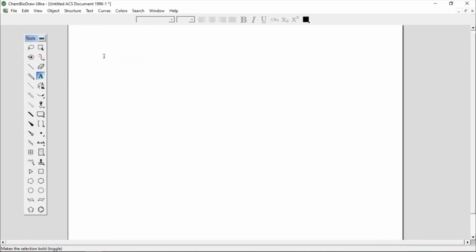This is one of the software, and the name of the software is ChemBio Ultra Draw. By using this software we can draw the structure of organic compounds. So I am drawing the structure, and you have to tell me whether that molecule is chiral or not.